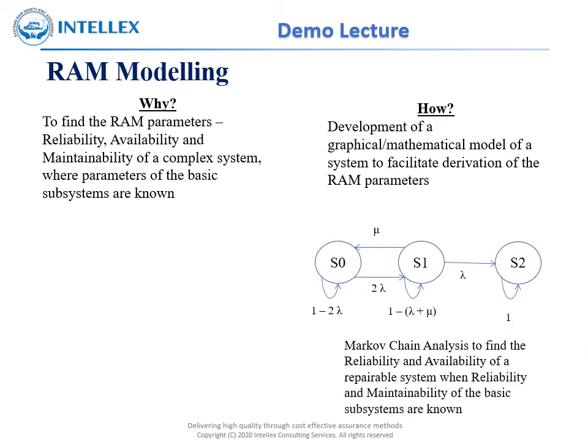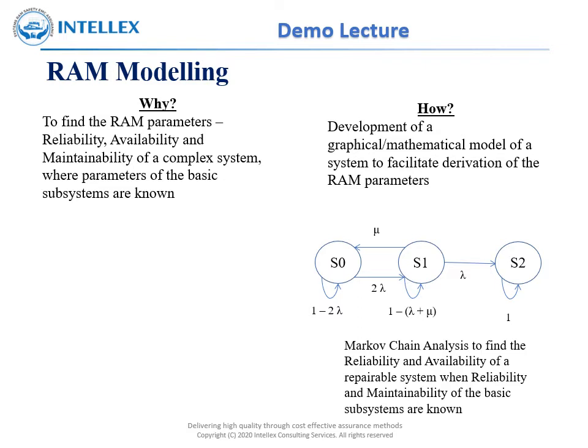Markov chain analysis is used to derive reliability and availability of a system from the RAM parameters of its constituent units. The system is modeled into a number of states with known probability of state transitions. Reliability and availability of the system are derived from this state diagram.